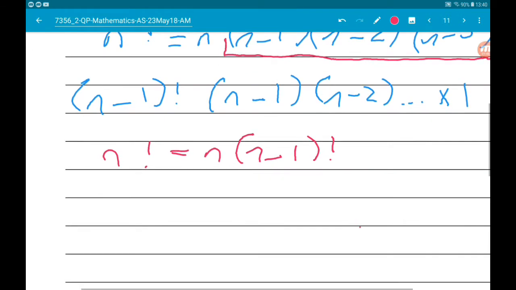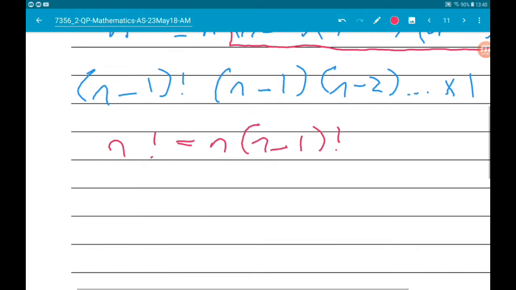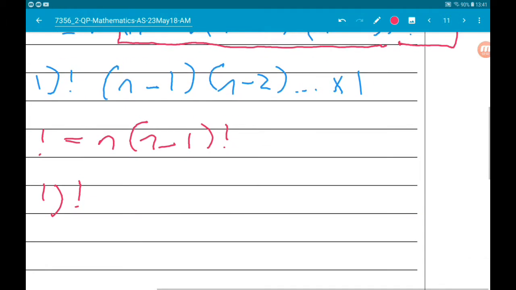Now we could also say that n minus 1 factorial, well, after the n minus 1, we've got n minus 2 times n minus 3 times n minus 4 all the way down to 1.